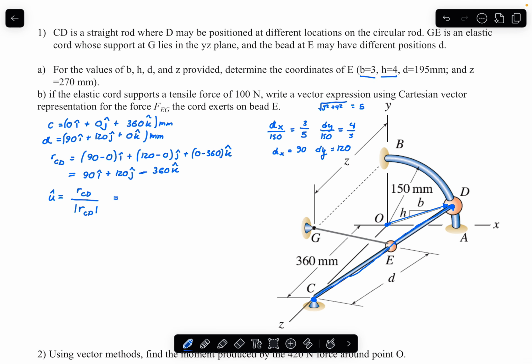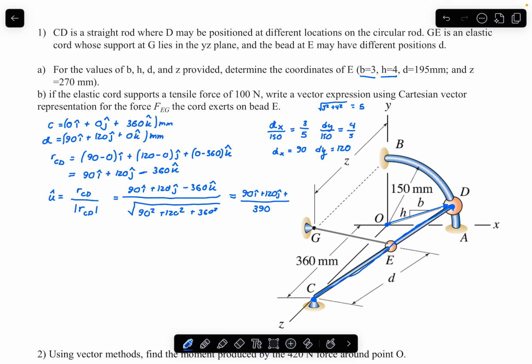So we have 90 i hat plus 120 j hat minus 360 k hat, divided by the square root of 90 squared plus 120 squared plus 360 squared. When you put it into your calculator, you get 390 on your denominator. On your numerator, you still have the same values.